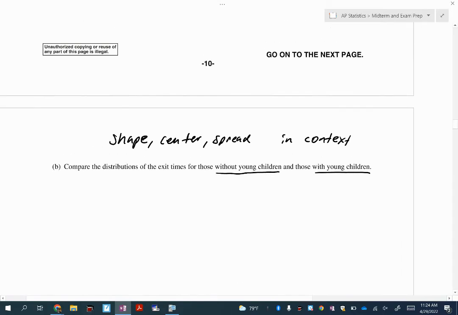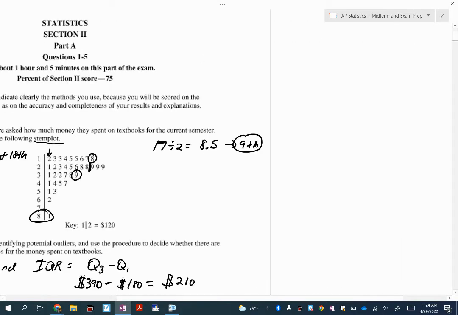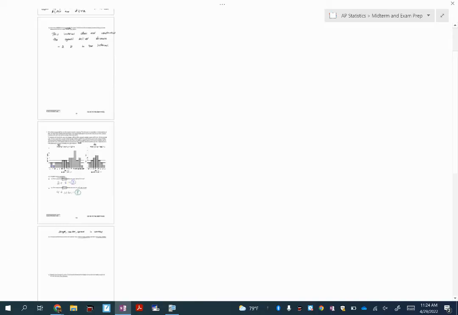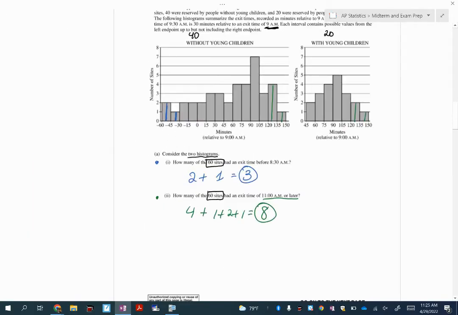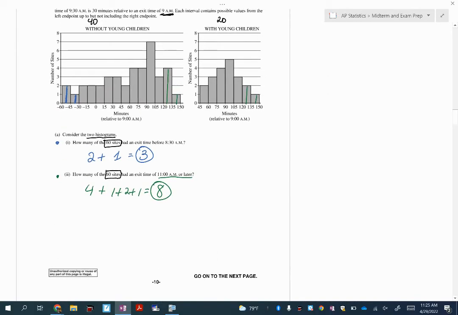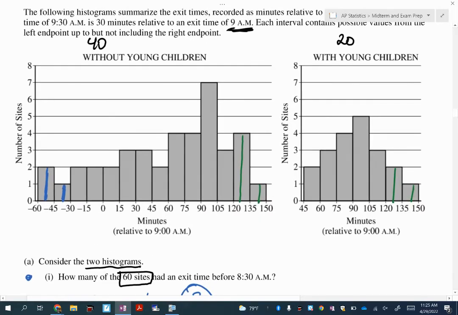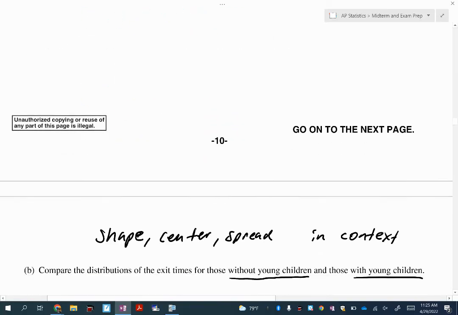So if I go to the shape of these, or if I just look at the histograms here, it looks like both histograms are unimodal. All right, but I would say the one with young children looks roughly symmetric, and the one without young children looks like it's skewed to the left. So I'm going to write that down.